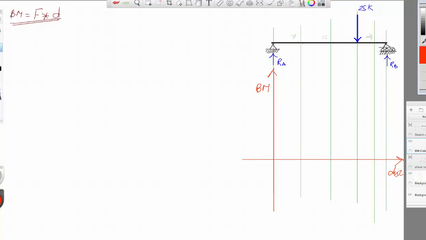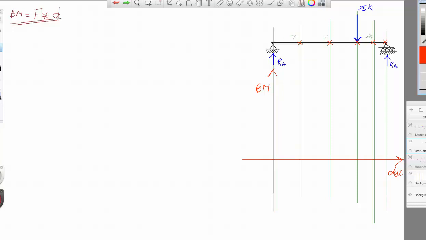So I suggested these points: 7 feet, 15 feet, 20 feet, 24 feet, and then 28 feet. But you might ask why these distances. You could go ahead and change them, make it 6, make it 18, whatever. You are just plotting a diagram. Keep that in mind. You are just trying to sketch a diagram, so the number of points will be up to you. That is not going to be defined by me. It is you who will define it.